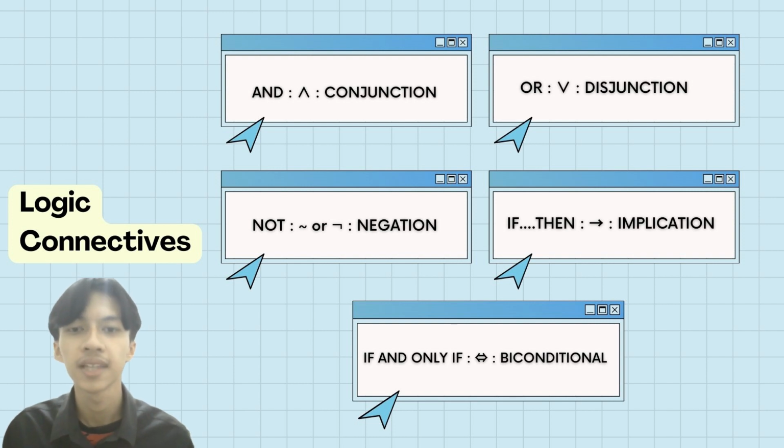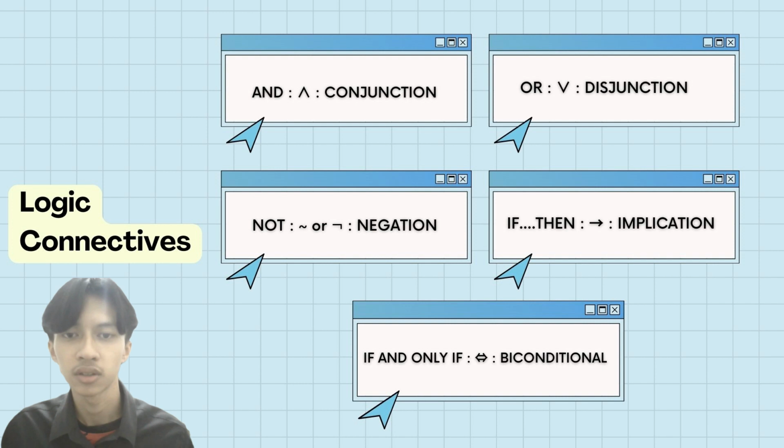The type of statement is conjunction, and this is the symbol. The second one, the type of statement is disjunction, which is or, and this is the symbol. The third one is not, the type of statement is negation, and this is the symbol.